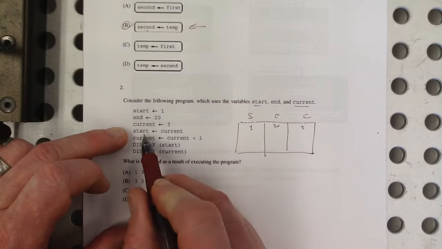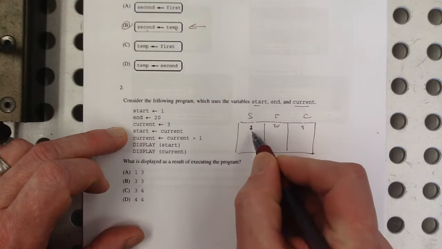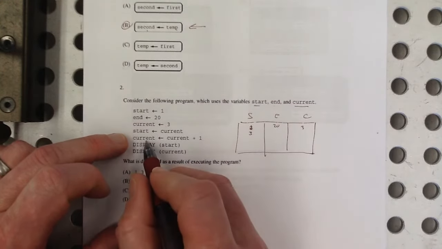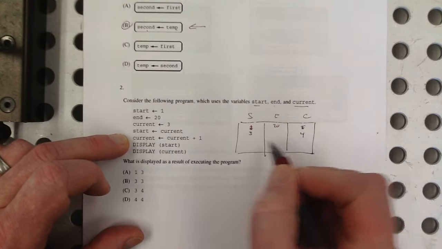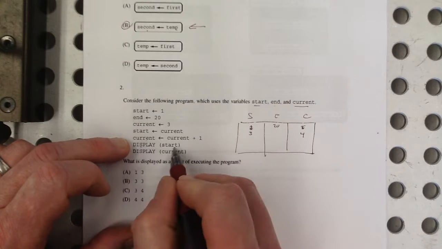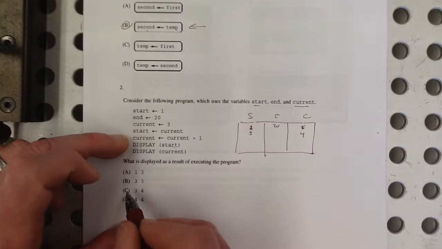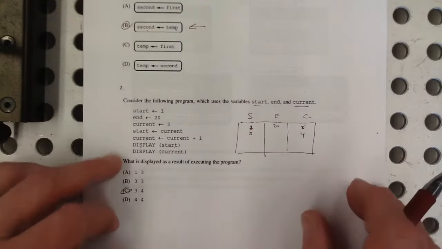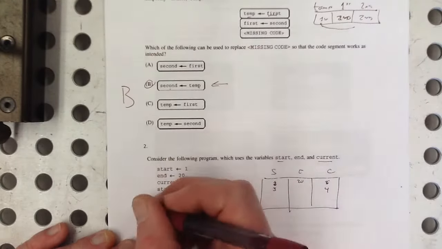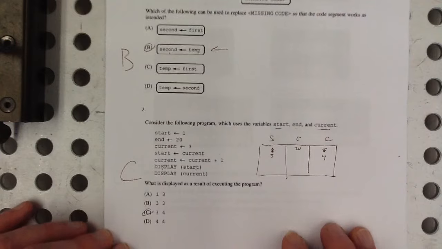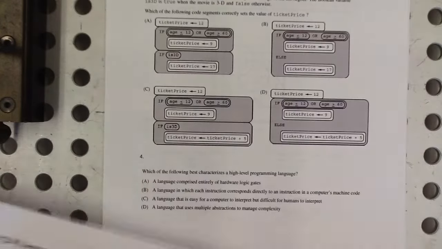So I'm going to put current into start, and I'm going to make current equal to current plus 1. And then I'm going to display start and display current. So it's going to be 3 and 4. Let me write these big on here, so if you're just scrubbing through the video, you can check your answers.